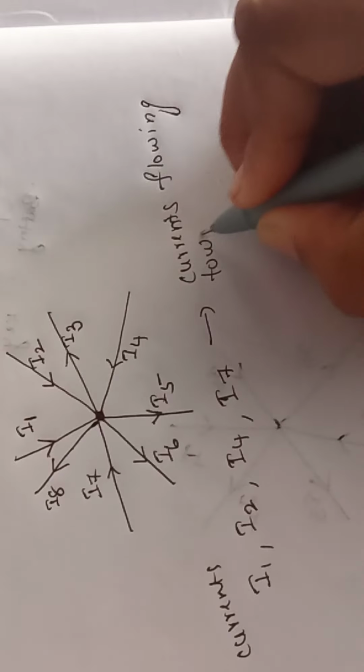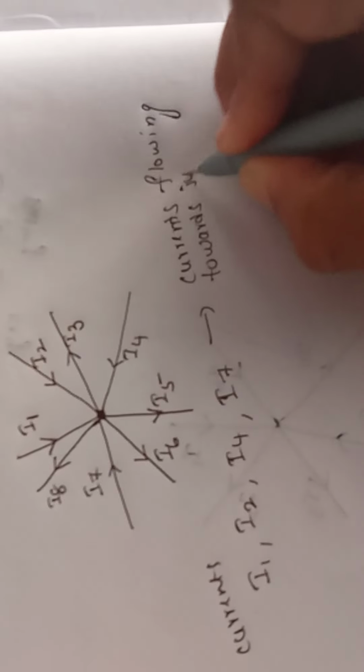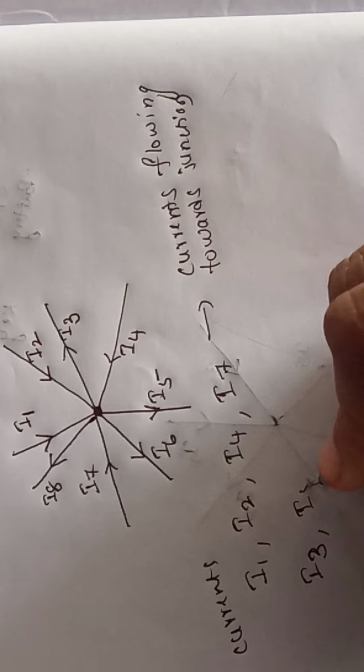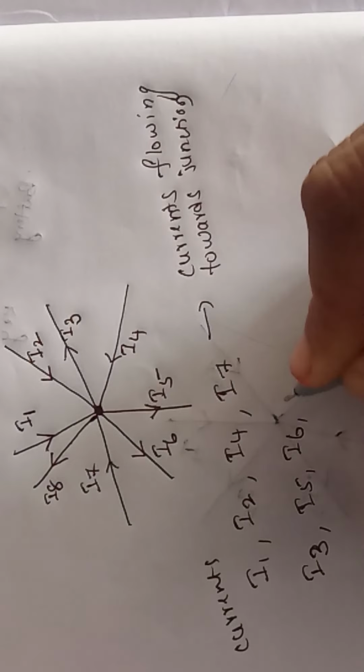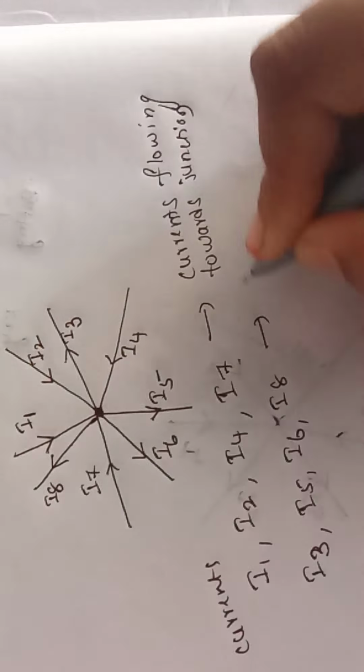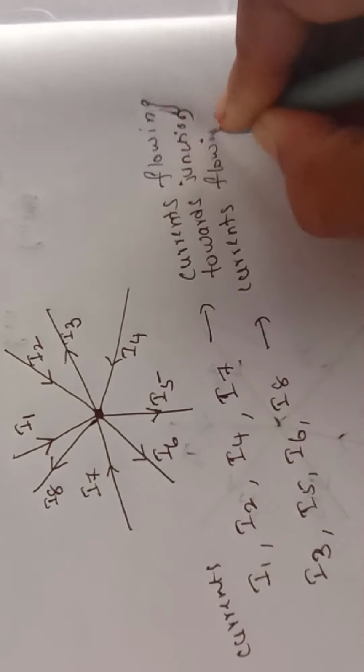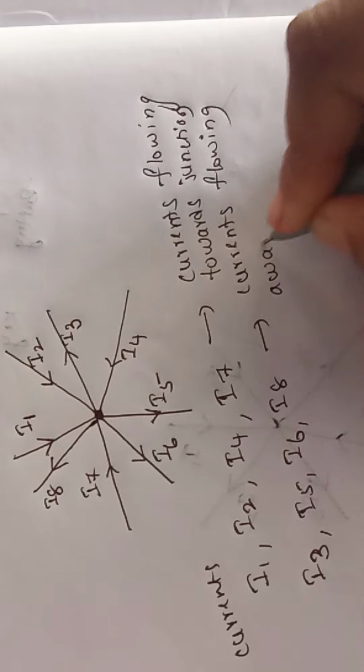Next, I3, I5, I6, I8 are currents flowing away from the junction.